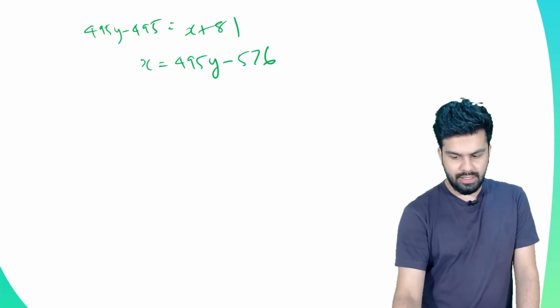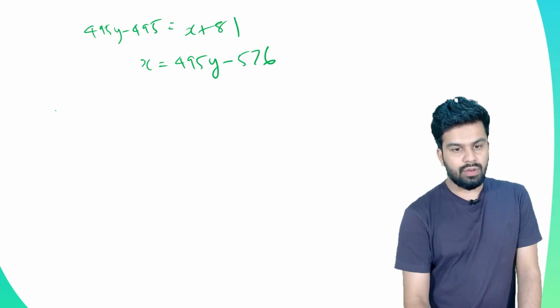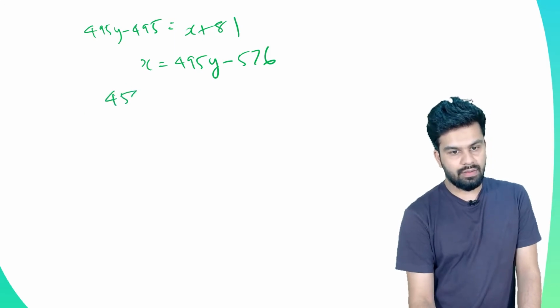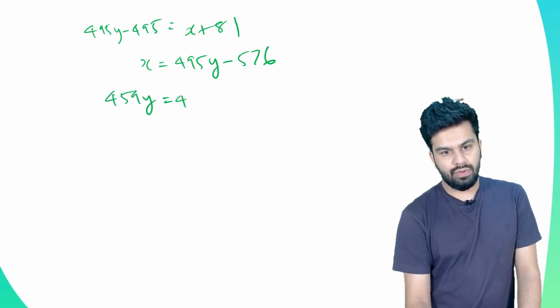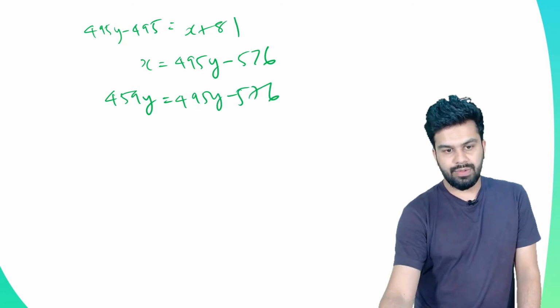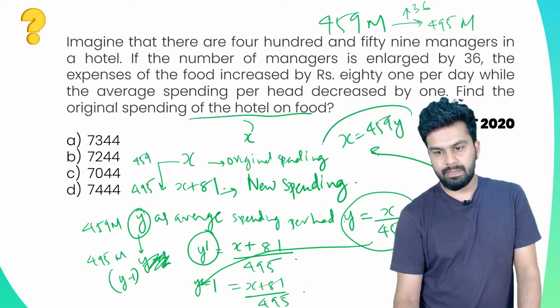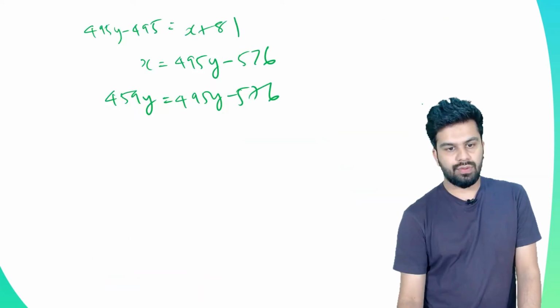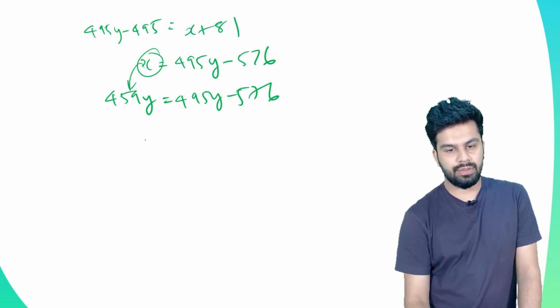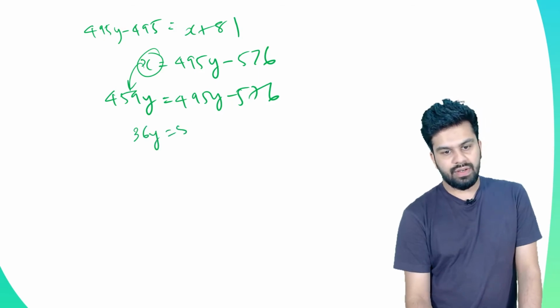And x is equal to what? y is equal to x by 459, so x is equal to 459y. So 495y minus 576, this comes from here, that is x is equal to 459y. So substituting for x over here, when we write both in terms of y, what do we get? 36y is equal to 576.